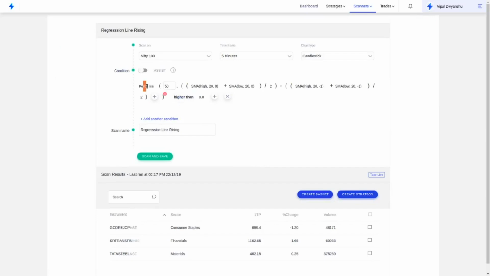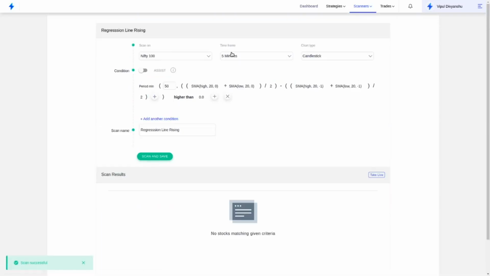So all we do is calculate the lowest value of the last 50 candles of the moving average of high and low, to identify the lowest value this average had, and then I subtract it from the latest high and low value to identify whether it is rising in nature. Okay, so if I do the scan, we didn't find anything.